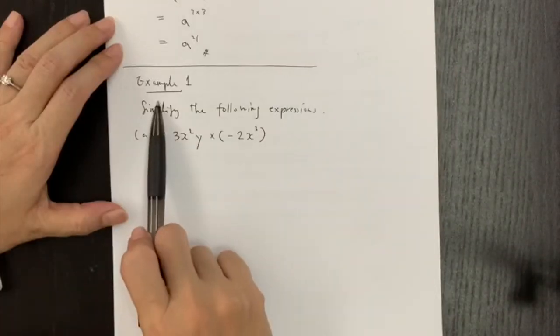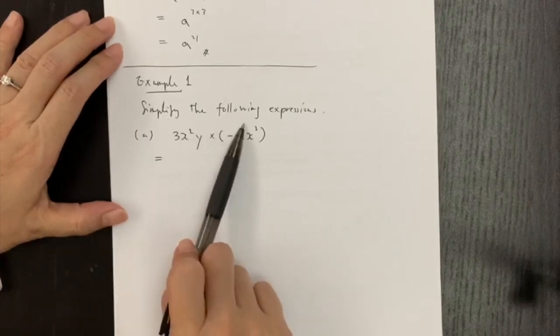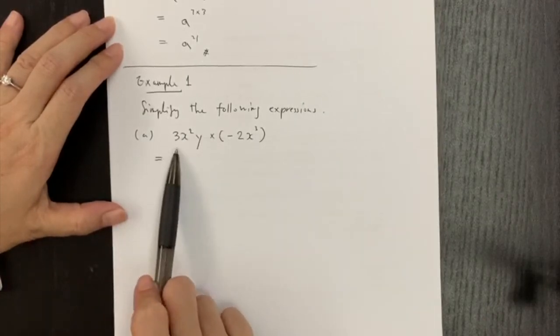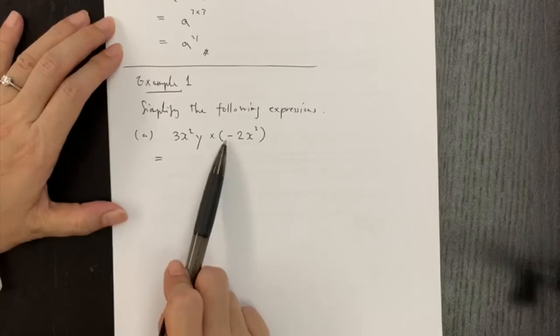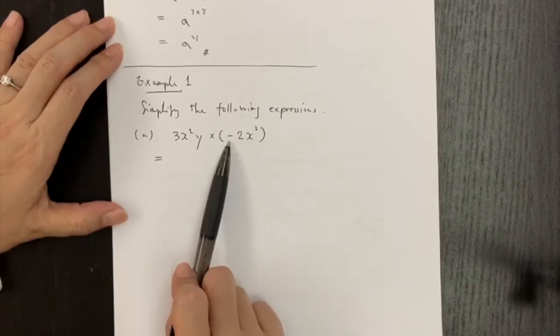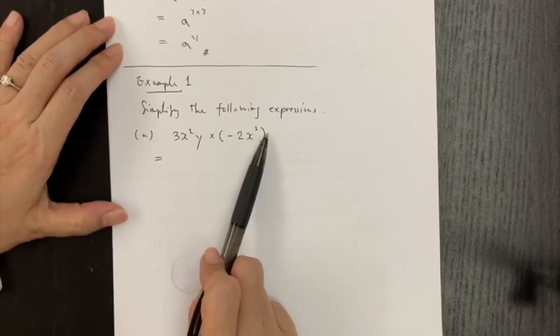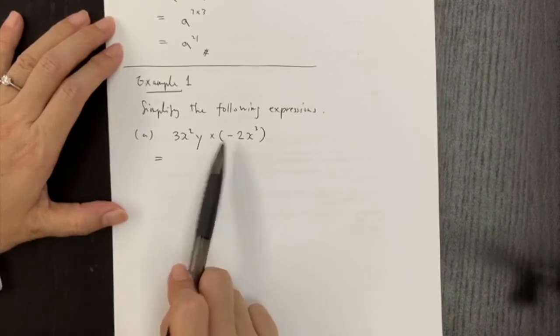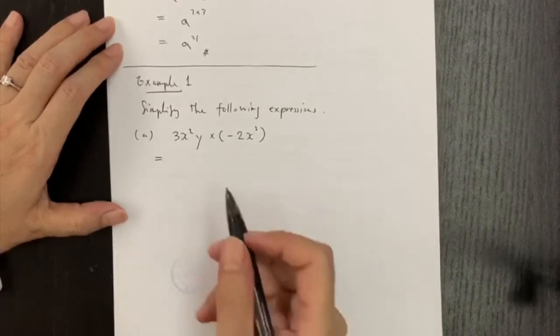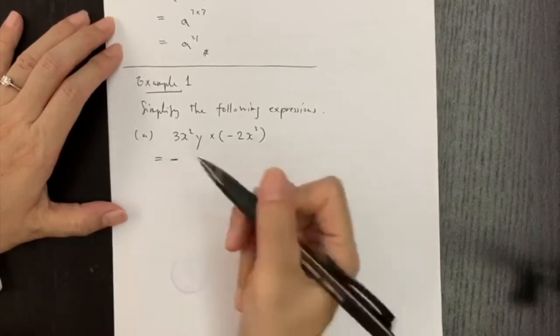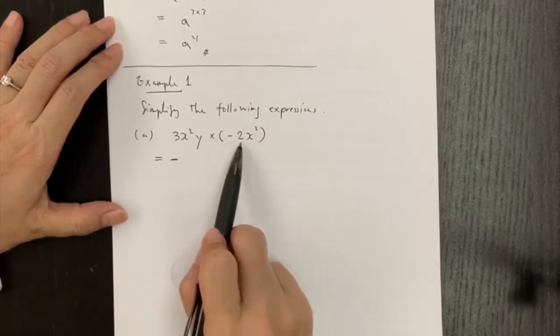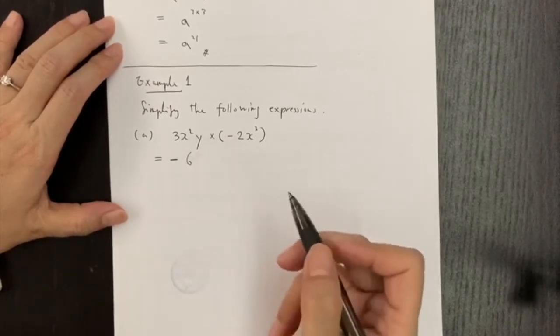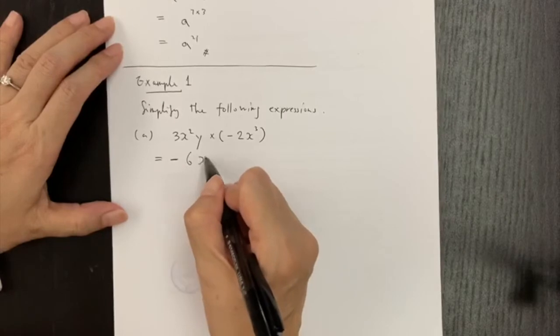Okay, so here we have example 1. To simplify the following expressions, A: 3x squared y times, okay, the whole thing is negative, minus 2x to the power 3. So since this is negative and this is plus, the final answer will be negative. And then we can do this, 3 times 2 is 6. Okay, so now we come to the index for x.